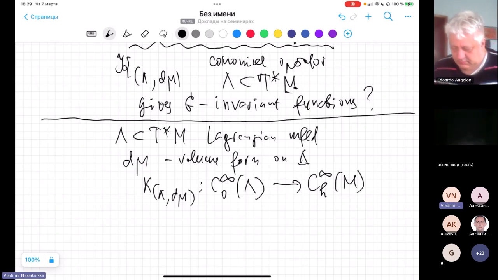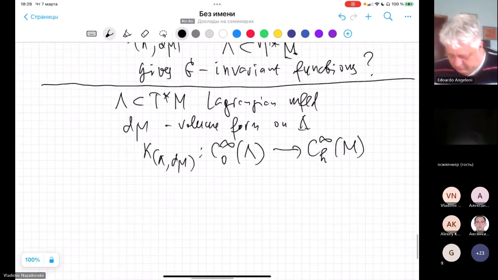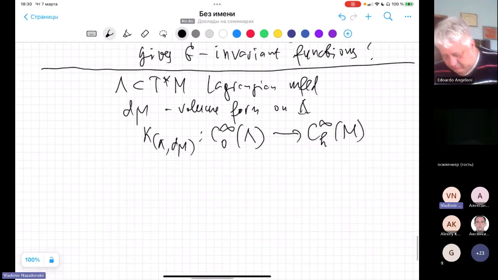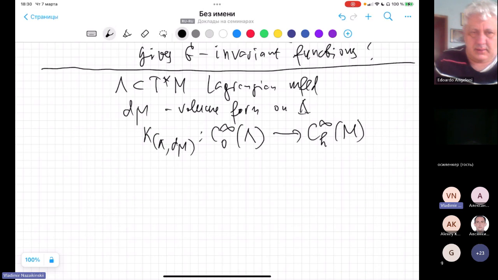I will not go into the construction of the canonical operator and rather describe it as a black box. The only thing we need to know about the canonical operator, in fact, is how the pseudo-differential operators act on this operator. So there are two commutation formulas.